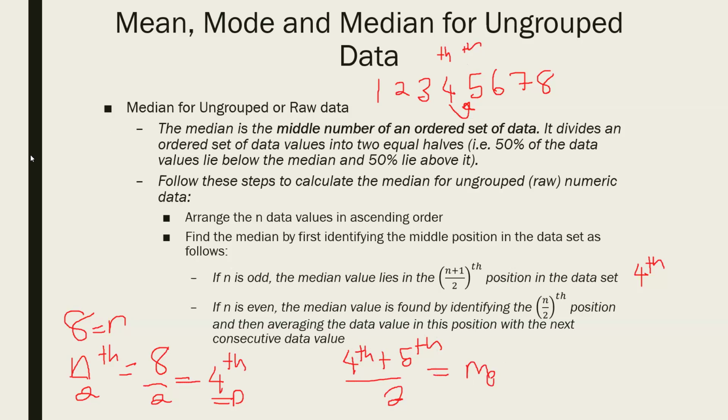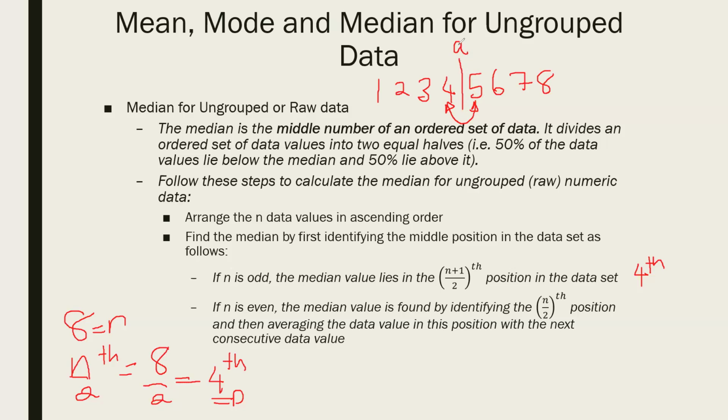So in this case, let's say when we add this and this, we get, let's say, A. When we add the fourth position plus the fifth position divided by 2, we get A. So A is now in the middle of the fourth and fifth positions. So it divides this data into two equal halves.